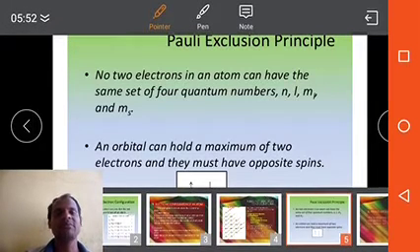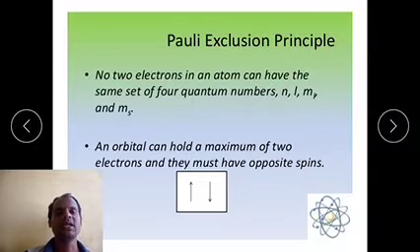According to this principle, no two electrons in an atom can have the same set of four quantum numbers: N, L, M and S. N indicates the principal quantum number, L indicates the azimuthal quantum number, M indicates the magnetic quantum number, and S indicates the spin quantum number.